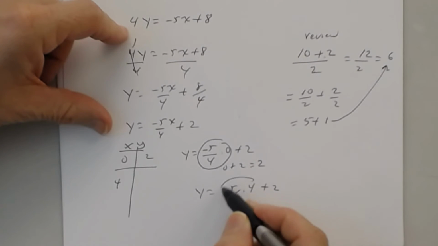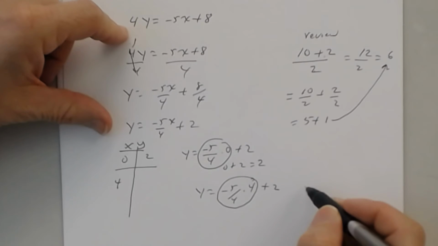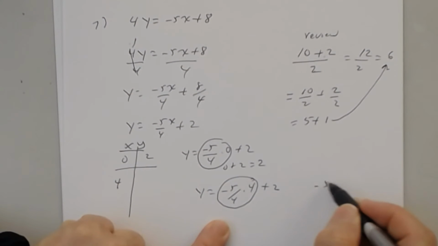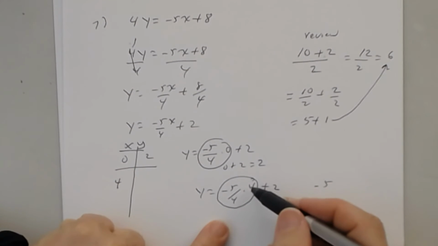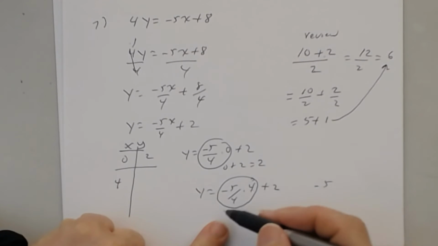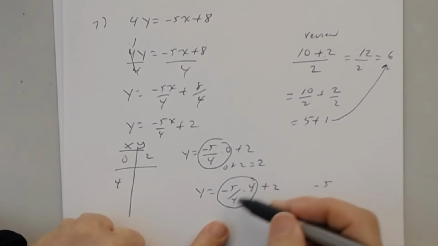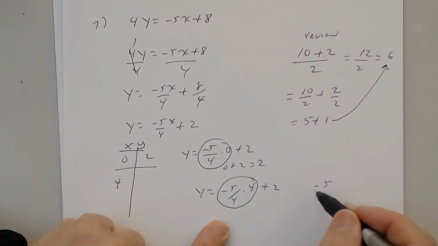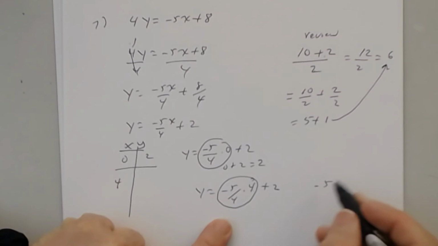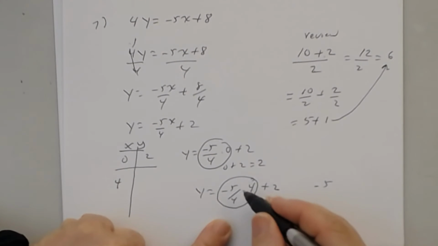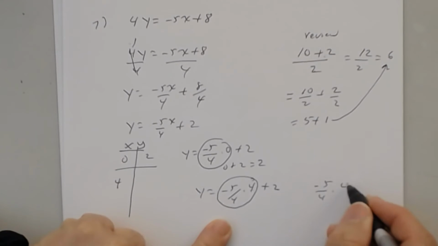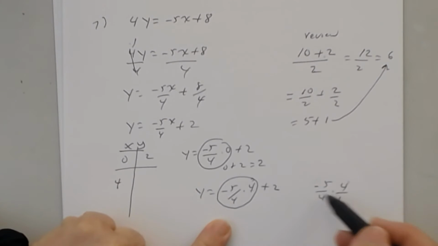All right, let's think about what negative 5 fourths times 4 is. It does help for some of it, because some of you want to say 4 times 4 is 16. That's not what you do, right? You don't say 4 times 4 is 16. So if you're inclined to do that, then you need to write this. You need to say negative 5 fourths times 4 divided by 1. And then we multiply the numerators together.